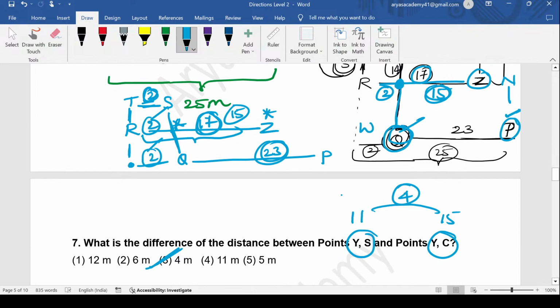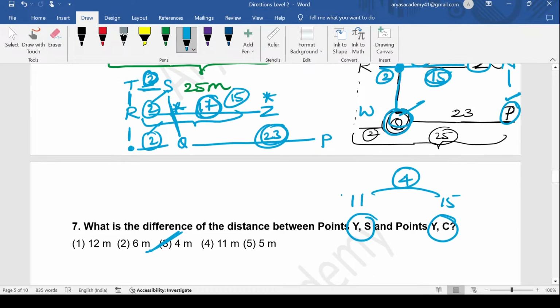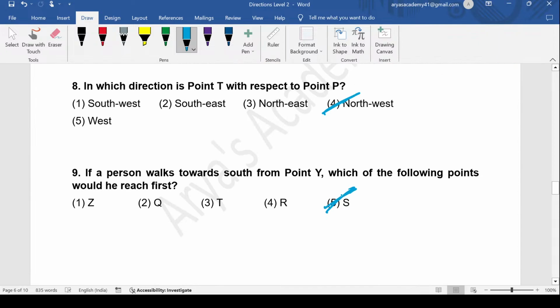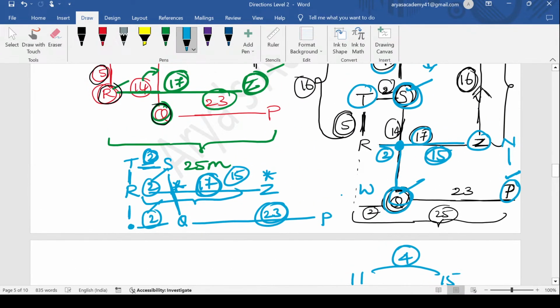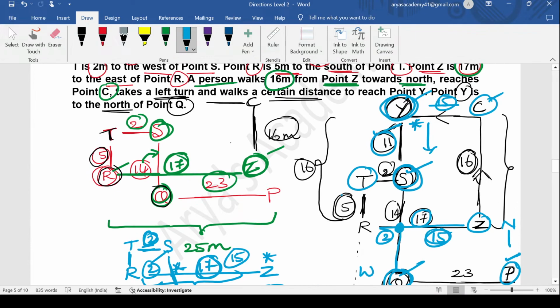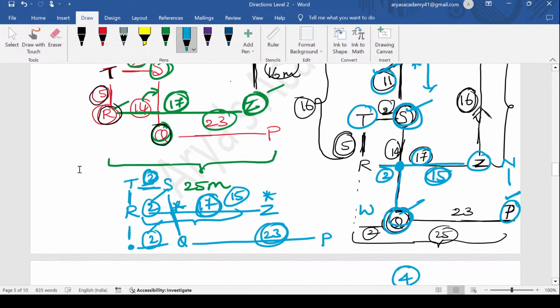Then if you go further, you will reach Q. But they're asking you about the first point that you will encounter in the path. The first point that you will be touching will be S and then followed by Q. So the answer for question number 9 is not Q, it is actually S. So have you understood why I actually told S instead of Q?